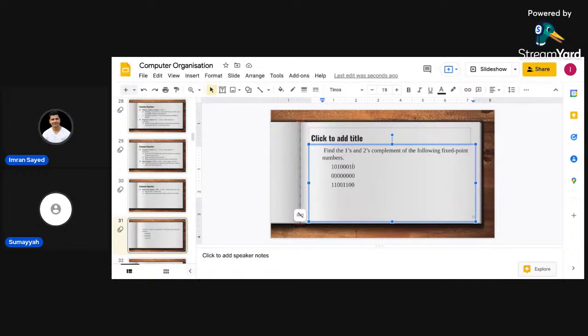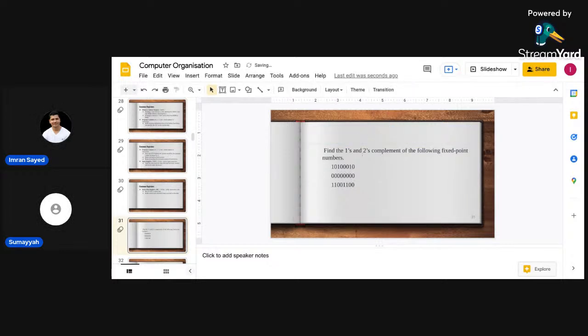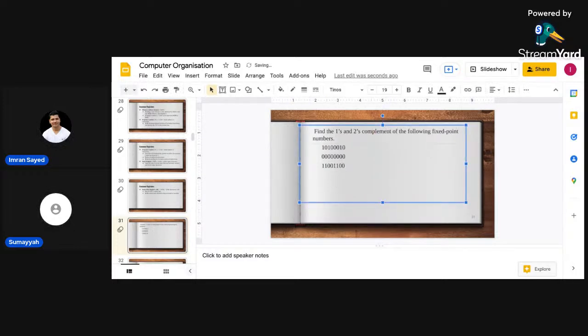Because I'm sharing the same slide, whatever changes you make will be shown. What do you think? Yes, we can try that. Or you can also share your own screen. Do you have any online tool from your end where you can draw and write? I can do it in Docs or look for an online whiteboard.